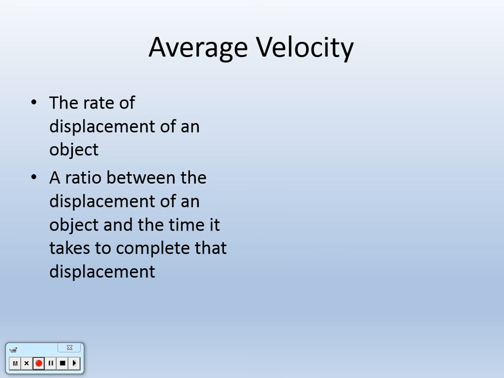What's the triangle called? Except it's not delta t, it's delta what? Delta x, because it's a change on the x-axis. So velocity is delta x over t.